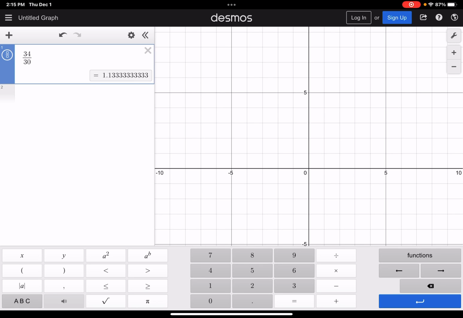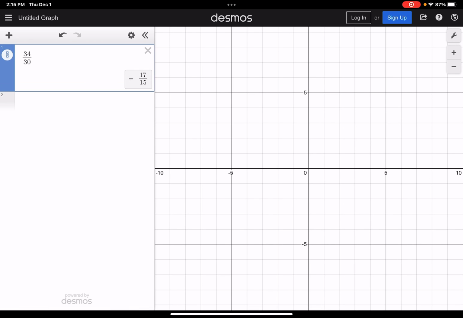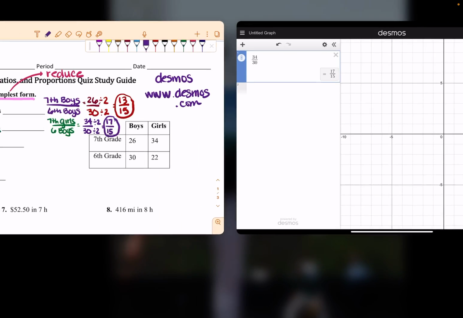But in front of the problem, there's a little blue area with a little circle that looks like a blank fraction. If you click on that, it will actually reduce the fraction for you. If you need some help doing that, feel free to use Desmos. Either open another tab on your computer and go to www.desmos.com or download the free app, depending on what kind of device you have.